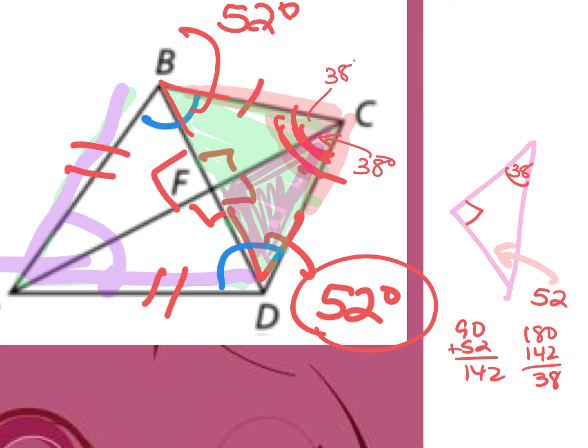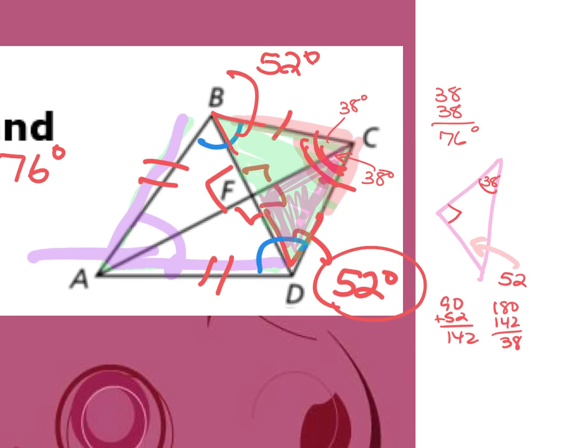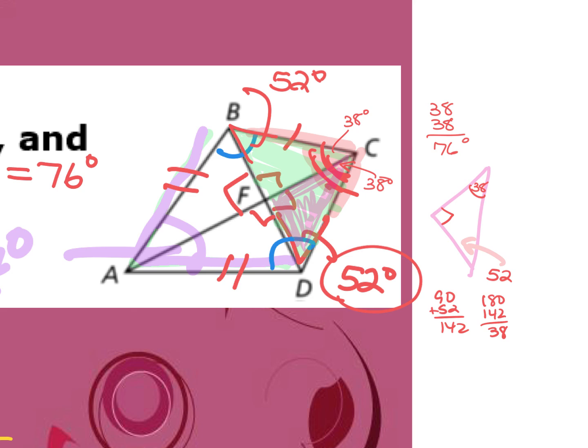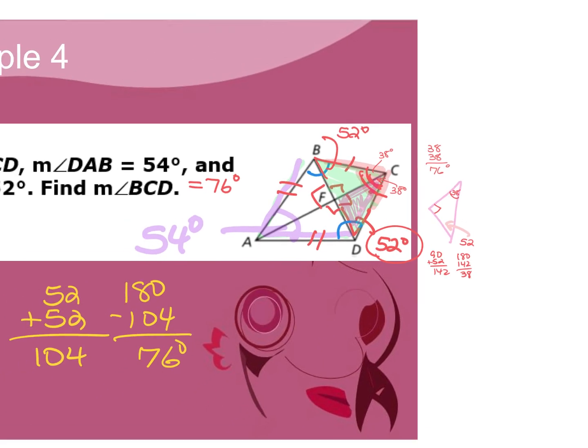So what I can do is add 90 plus 52, get 142, subtract from 180, and this side right here is 38. Because this triangle over here is also congruent, this side would also be 38. And then if you add 38 plus 38, you get 76. So either way, either treat it as the green isosceles triangle or work with it as a little right triangle.